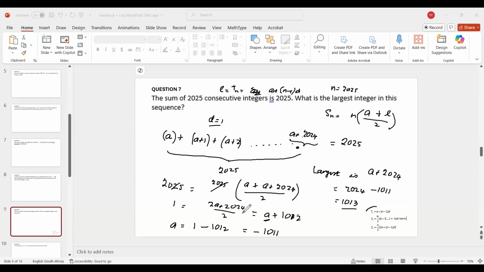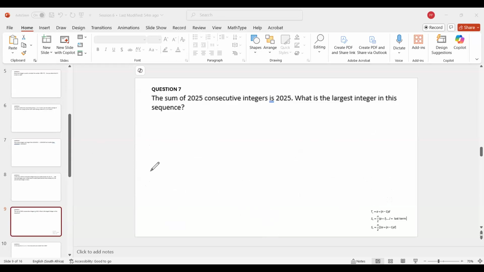That's what I did here. And then I see that I've only got one equation with one unknown, and that's A, and you can calculate that. Once you've got A, you can calculate the last term. All right, so let's get on to the next one.